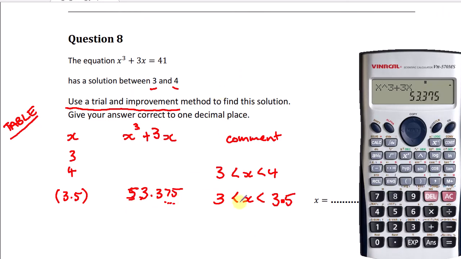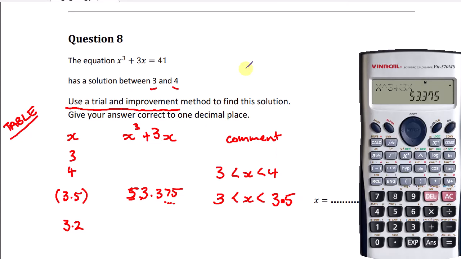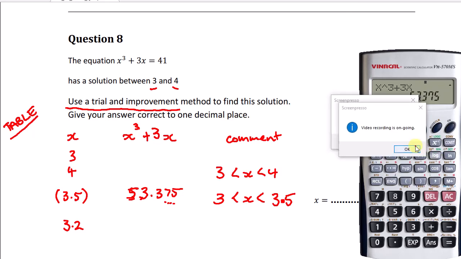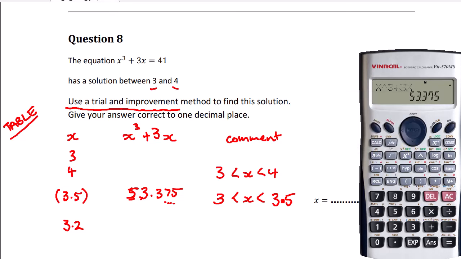You can play about with other numbers, but we need numbers between 3 and 3.5, so you could do any other set of numbers you like, but you should be showing me what happens at 3.2. So numbers you must try, things like 3.2.